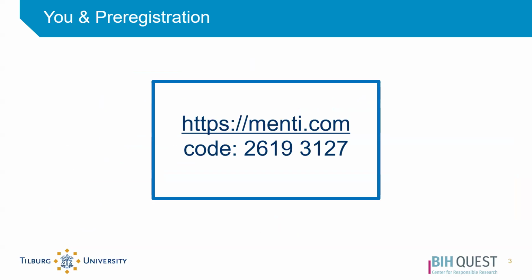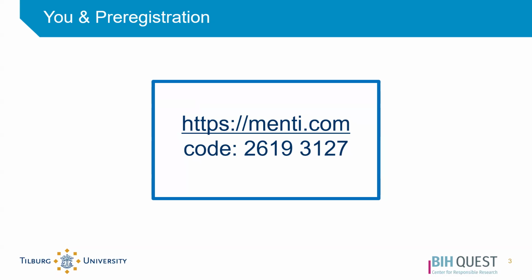So throughout this presentation, there are several moments where I want to ask you a question, where you can provide some input. I'm doing that with Menti. So you might be familiar with this, but you basically just go to menti.com and you fill out the code. And then you will get some questions that you can answer and that we can talk about in this session.